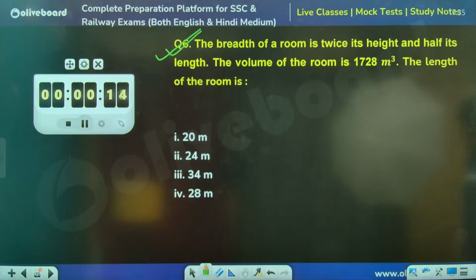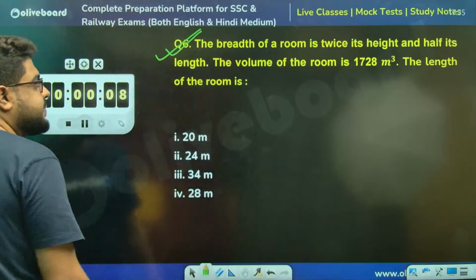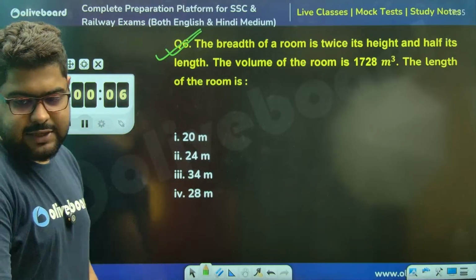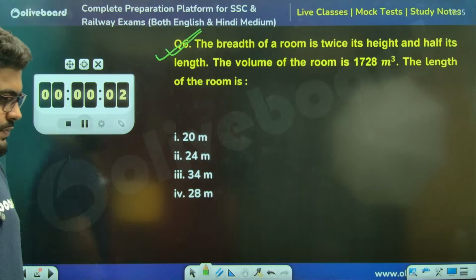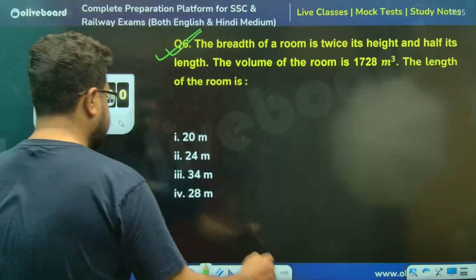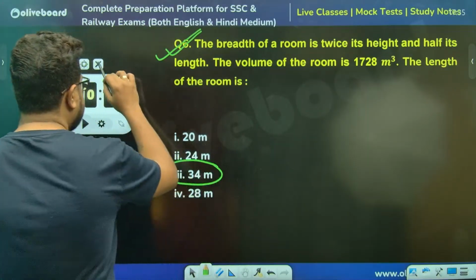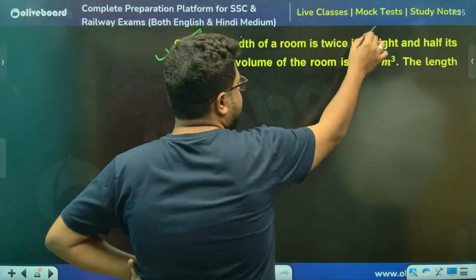Come on, everyone. This is one of the easiest questions that you can get. Very easy. Sai is saying option 3, 34. Okay, let's see. Sir, breadth is twice the height.